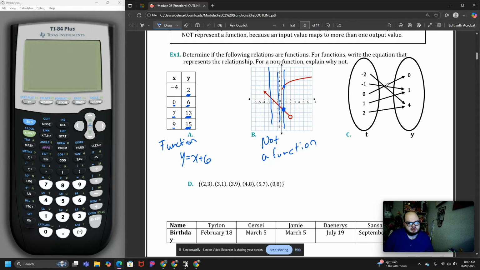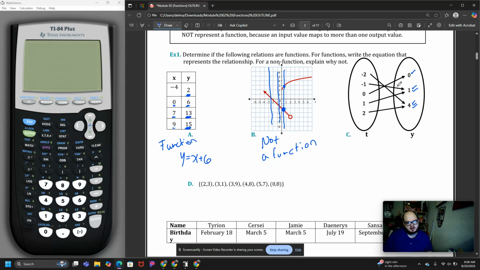So let's look at this. -2 goes to 4, 2 goes to 4, 0 goes to 0, -1 goes to 1, 1 goes to 1, 2 goes to 4. Okay, so it looks good. I don't see a number going over here to more than one of these.